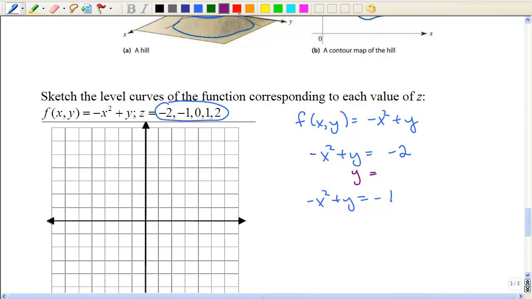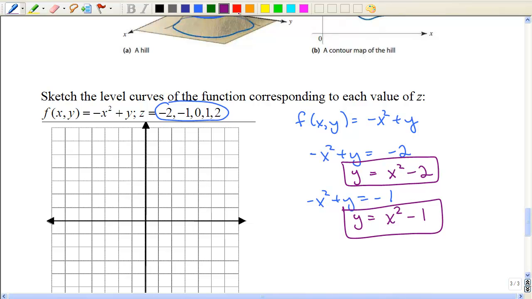So I'm going to say y is going to be positive x squared minus 2. This one's going to be y equals positive x squared minus 1. And hopefully you remember from college algebra that those are quadratics, they're parabolas that are shifted down 2 units. You could make a table of values, but remember this is y equals x squared, and this minus 2 is going to shift it down here.